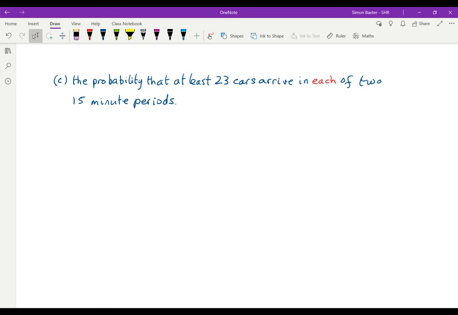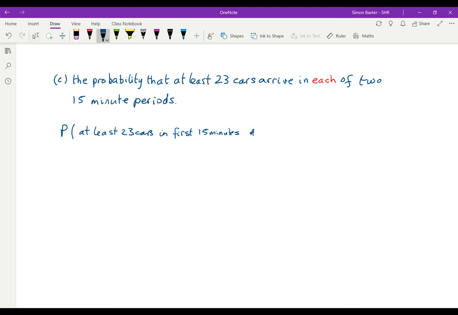We want the probability that there are at least 23 cars in the first 15 minutes and at least 23 cars in the second 15 minutes.